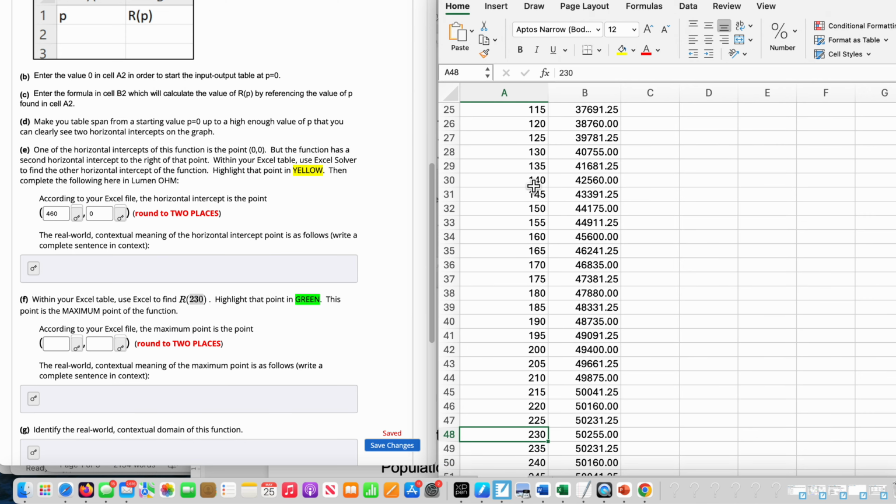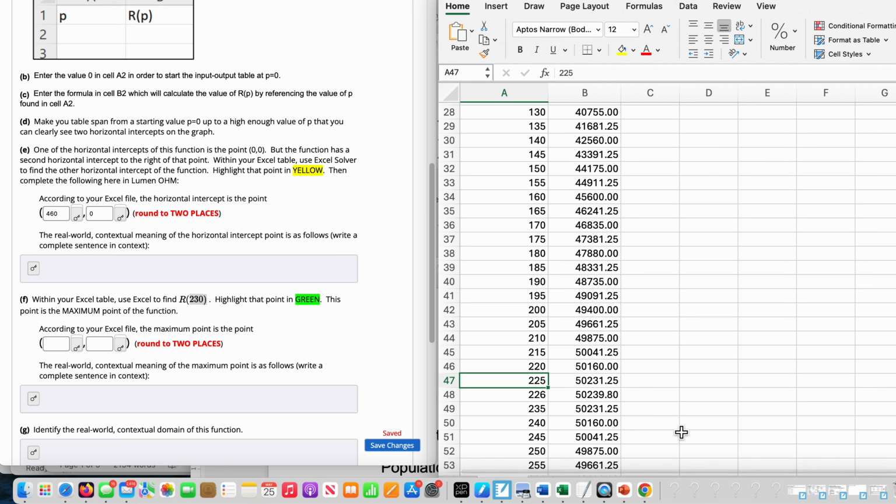But if I didn't, let's say I had 226, let's say I didn't go by increments of 5, and I want to find the revenue when the price is 230, I would come down within my table, not at the end of my table, and I would find the input that's closest to 230.